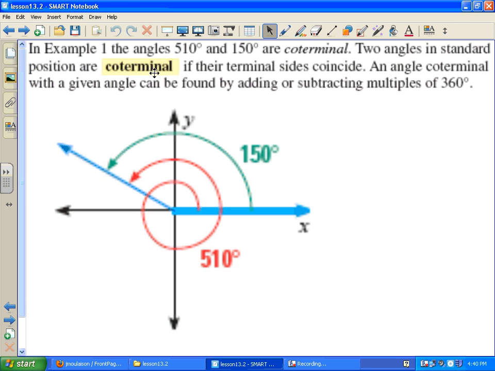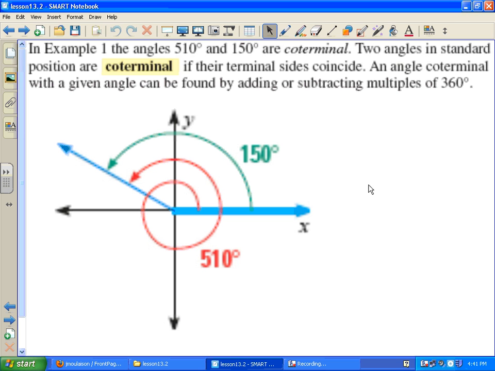Definition of coterminal. So in this example, the angles 510 degrees and 150 degrees are coterminal. Two angles in standard position are coterminal if their terminal sides coincide. An angle coterminal with a given angle can be found by adding or subtracting multiples of 360.